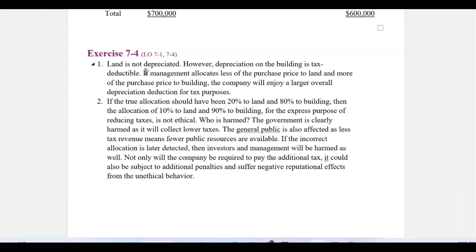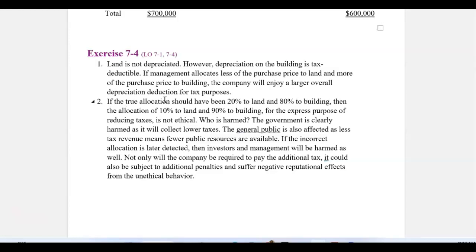So if management allocates less to the land and more to the building, then the company will enjoy a larger overall annual depreciation deduction for tax purposes. So that's kind of good for the company, but is it ethical to do that? Is it correct to do that?